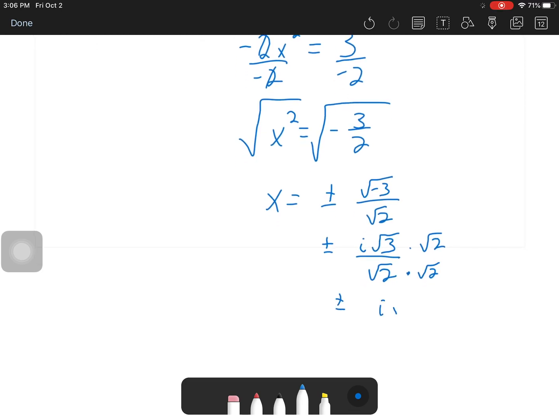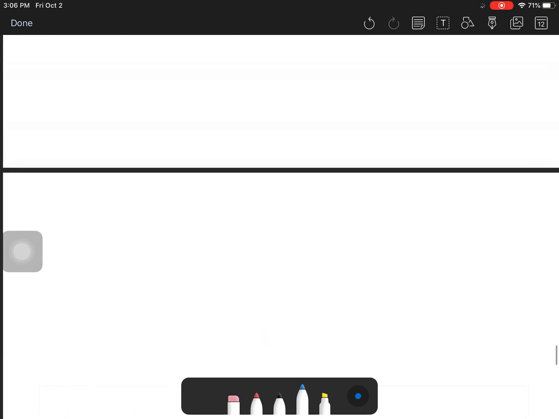So plus or minus i square root of 6 over 2 is probably the way you're going to see that answer.